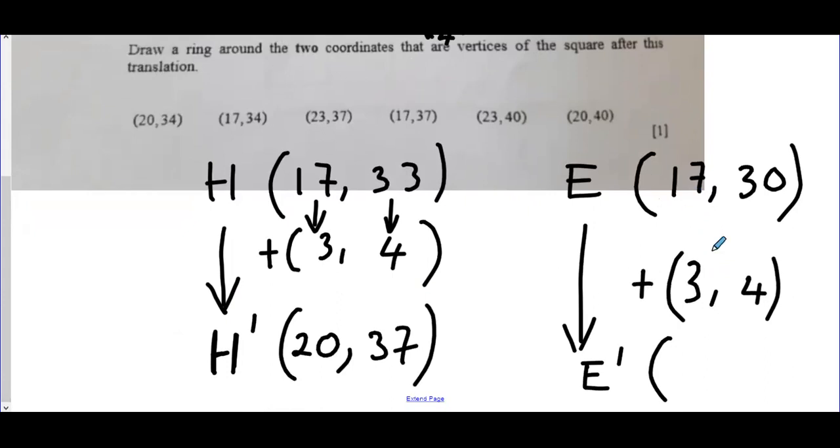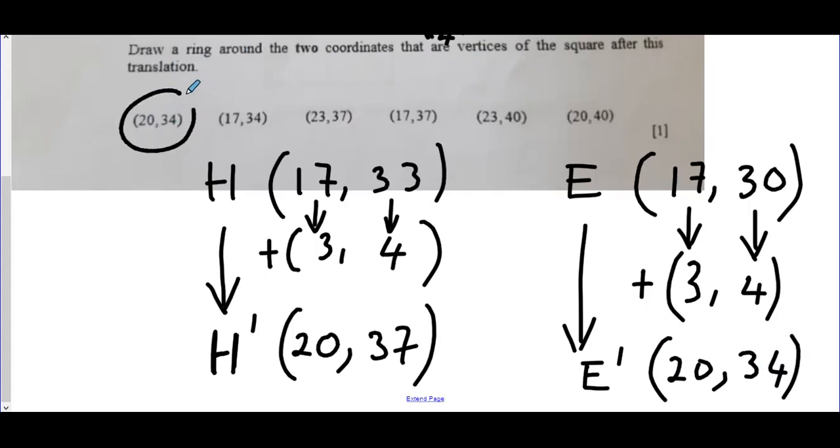Okay, so when you add 17, add 3, you're going to have 20, comma. When you add 30 to this 4, you're going to have 34 here. Now, do we have 20,34? Yes, we have. So draw a ring around the 2 coordinates that are vertices of the square after this translation. So this will be one of the images, 20,34.